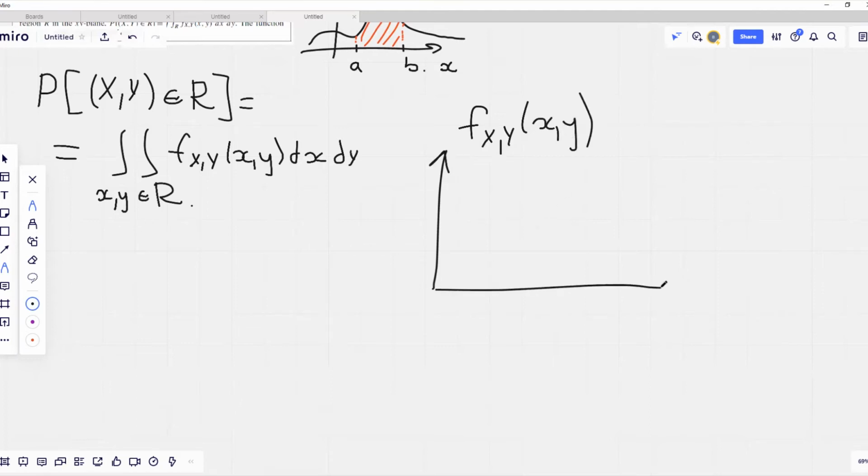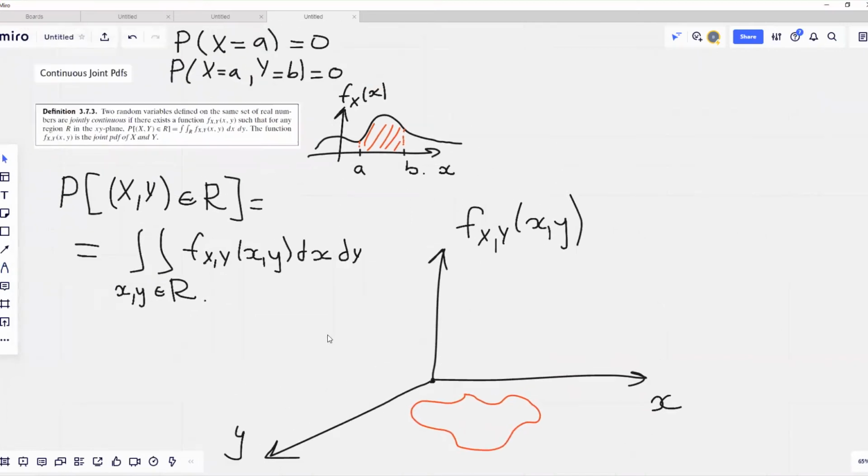On the x-axis, we'll have values of random variable x, and on the y-axis here, we'll have values of random variable y. And let's assume that we are interested in finding the probability that x and y lie in some region R here in red on this xy plane.